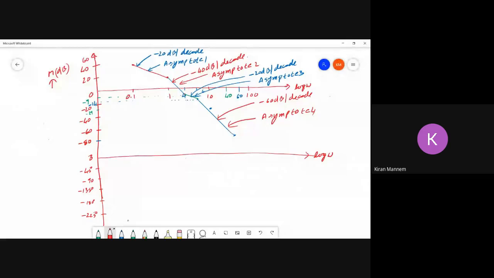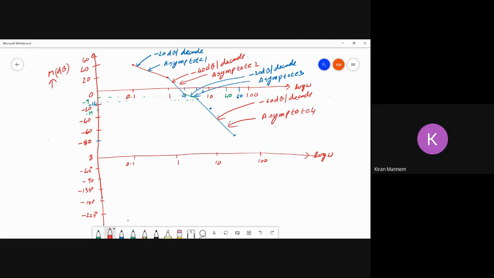Okay, now let us look at the phase angle values. At omega equal to 1, your phi value is minus 123.91. At omega equal to 1 means this one. Since we are taking the same scale, it should be 1 here, then 0.1, 10, 100, right?